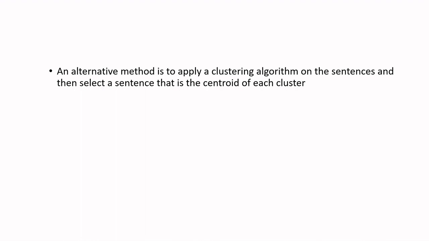Okay, an alternative method is to apply clustering algorithm on the sentences. Clustering is a process of grouping. Okay, grouping similar items together. So what can be done is if you look at a document or multiple documents, for clustering you can look at pairwise similarity between sentences.